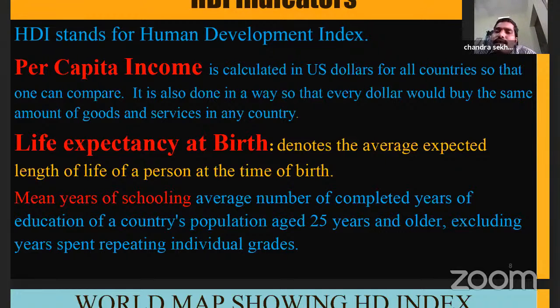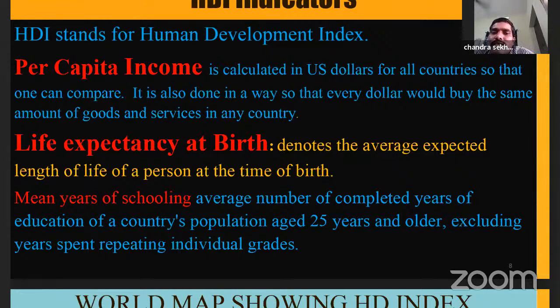So it shows that due to lack of health facilities or medical facilities, the people are dying before completion of 1 year. So that's why we are expecting the life of a newborn baby at the time of birth only. So how many years he can live from now onwards? That is life expectancy at birth.